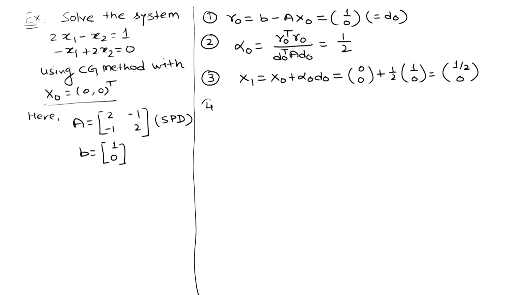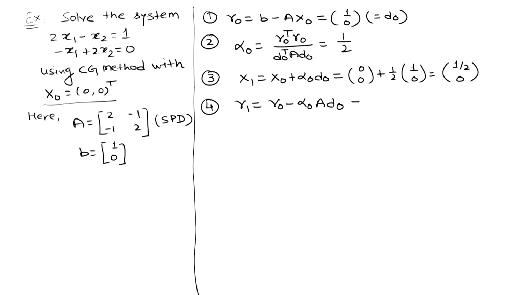Now, in the fourth step we will calculate the residual in the first iteration. So, r1 will become r0 minus alpha0 A d0, which is different from the steepest descent method, because in the steepest descent method we used to take r1 as b minus A x1.